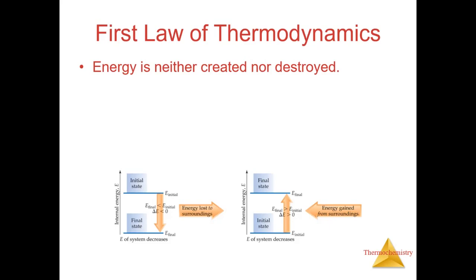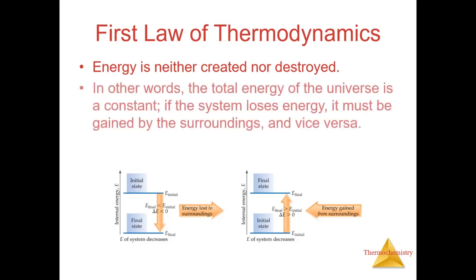So what you have to understand is there is that ebb and flow. One gains, the other loses. If the system loses energy to the surroundings, its energy is lower, but the surrounding energy is greater. If, on the other hand, the surroundings gives up some of their energy to the system, system energy goes up, surrounding energy goes down. So the total energy remains constant.